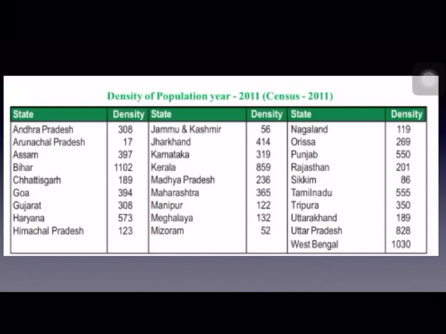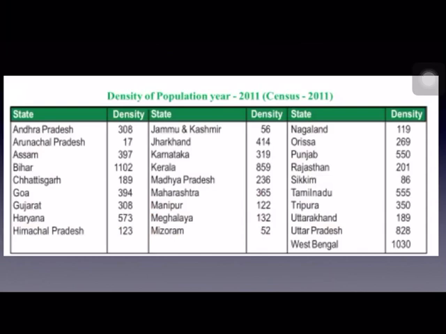According to the 2011 census, India's population density was 382 persons per square kilometer. And you can see here in the table, the state of Arunachal Pradesh has the lowest population density.